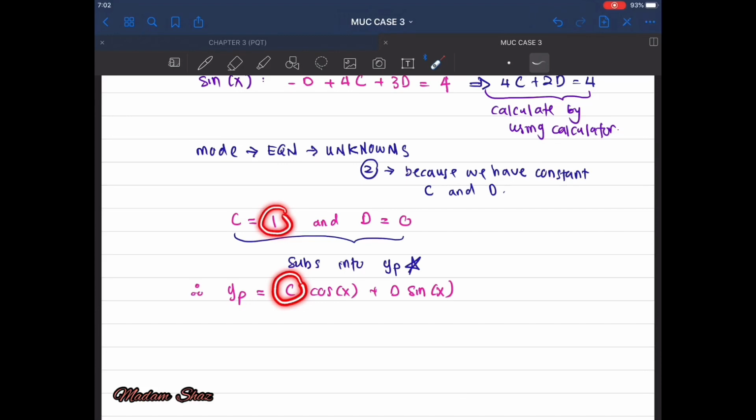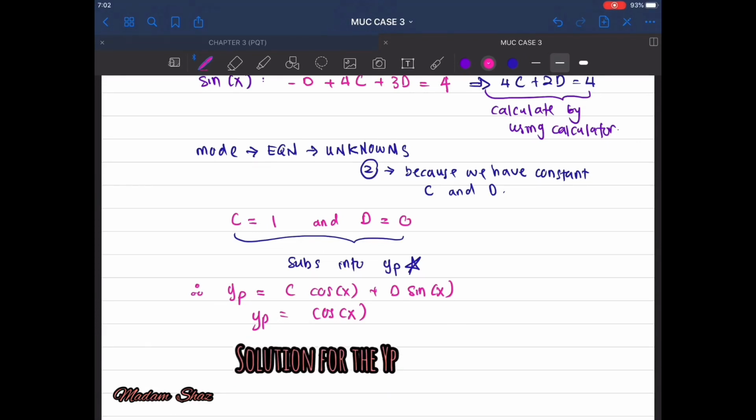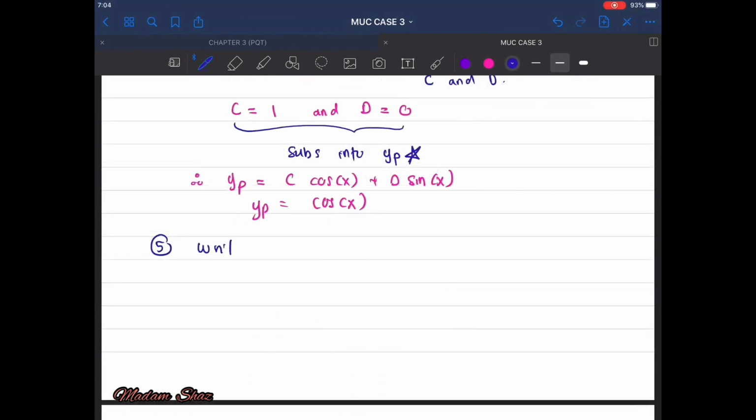You have to substitute C become 1 and your D become 0. YP is equal to cos x. So this is the solution for the, so step number 5, write the general solution.